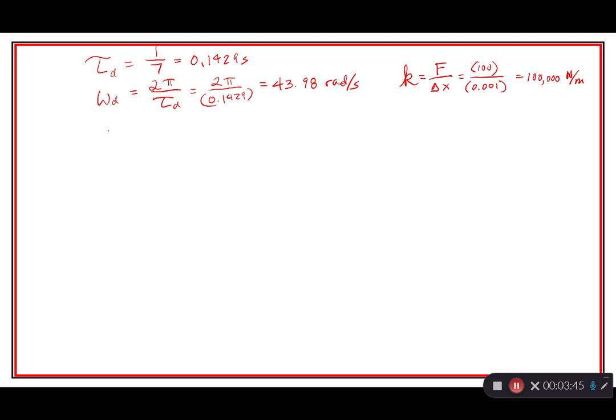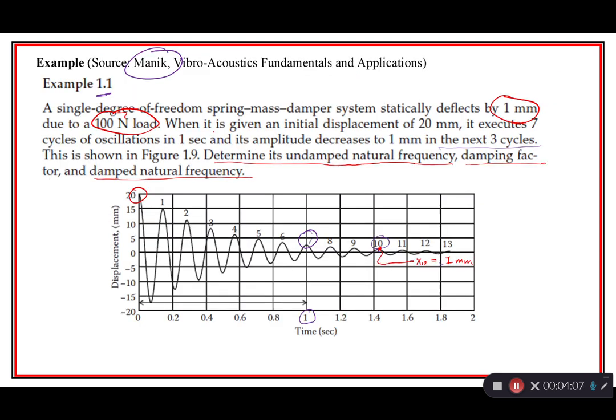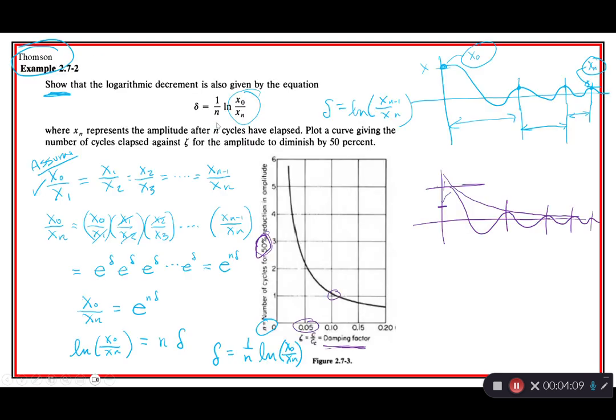Okay, so unrelated to the other stuff, we know that the log decrement is going to be 1 over n ln of x n minus 1 over xn. This goes back to the previous example right up here, where we were supposed to show this is true.